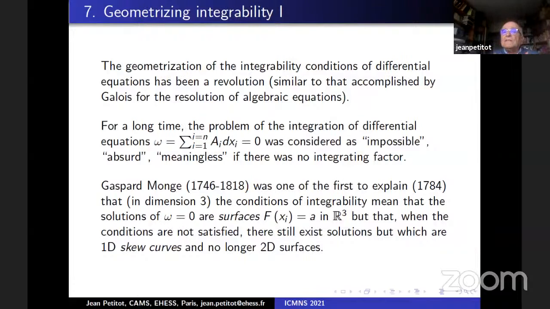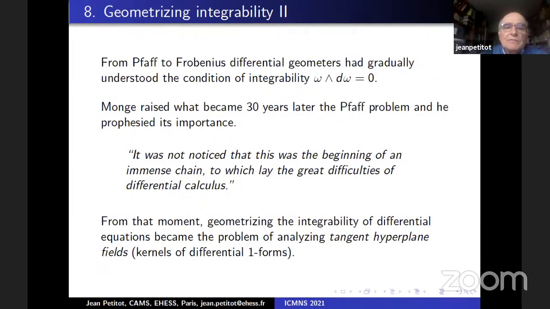It was a true revolution, this extension of the concept of solution. And from Pfaff to Frobenius, differential geometers had gradually understood the very deep condition of integrability: omega is a one-form, and omega wedge d omega, where d omega is the differential of omega, equals 0. Monge raised what became 30 years later the well-known Pfaff problem, and he prophesied its importance.